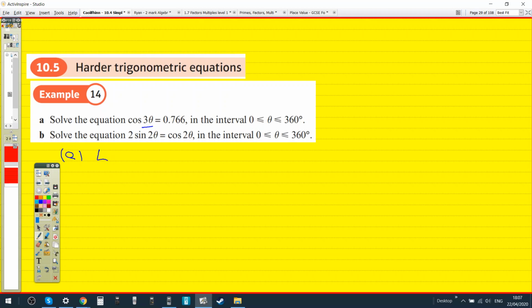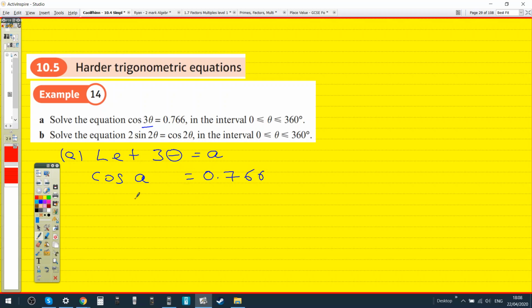So we let 3 theta be equal to a. What does it become? Replace 3 theta with an a. So cos a, everything else is the same.